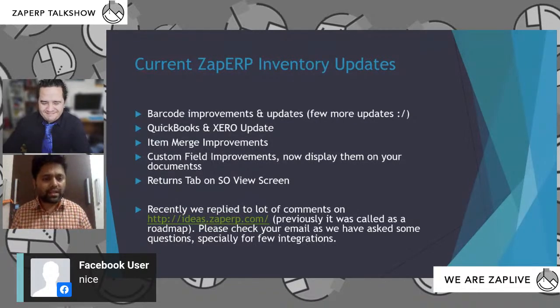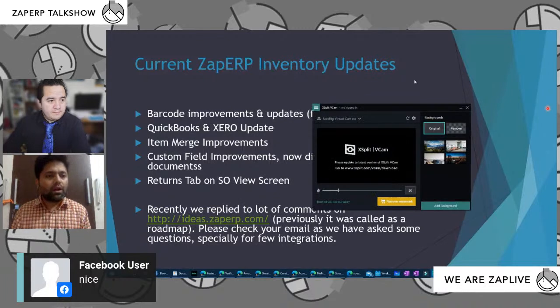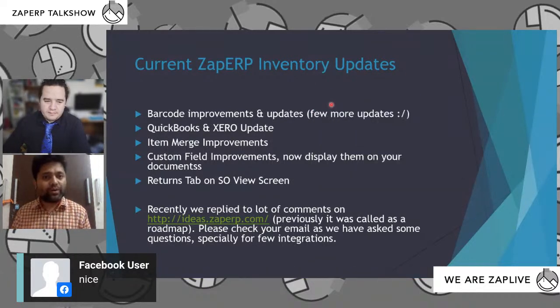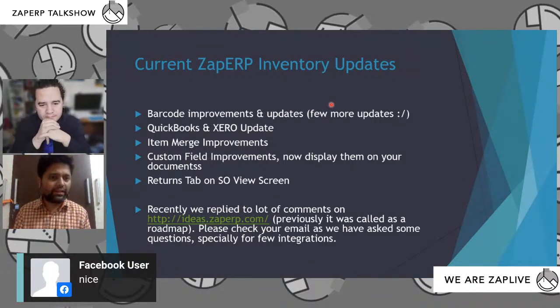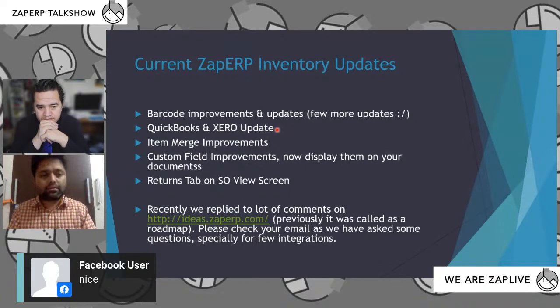And similarly, the same for QuickBooks. So for QuickBooks, version 1 has been released. Version 2 of Xero is released. So Xero is much more stable than QuickBooks. QuickBooks is still in its early phase, but Xero is much more stable. So any invoices that get created in ZapERP automatically push to this accounting system. And that was the whole goal, right? But we don't just stop there.